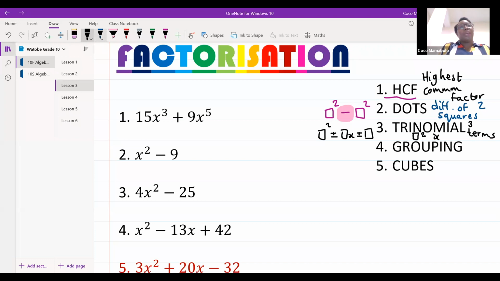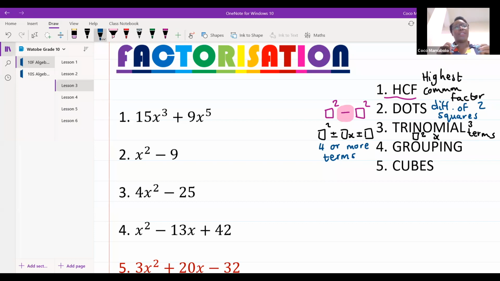When we look at grouping, if you come across an expression with 4 or more terms, you'll most likely have to group them. You'll take maybe the first 2 and group them together, and then the second 2, or you might have to do a little bit of rearranging.